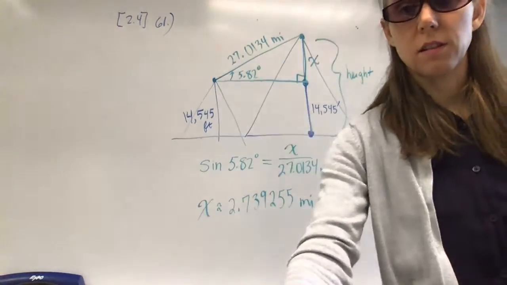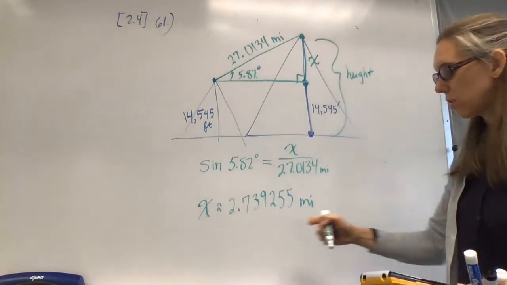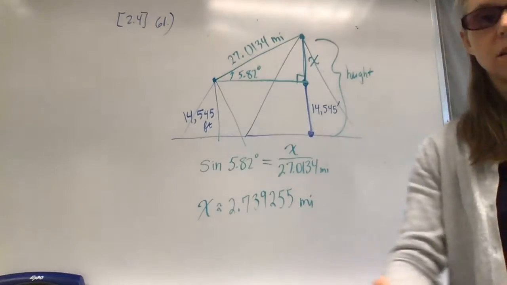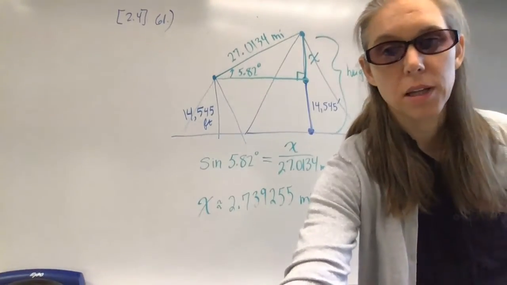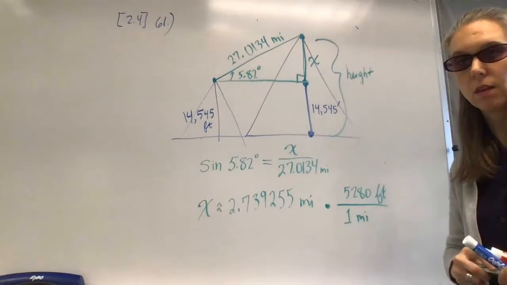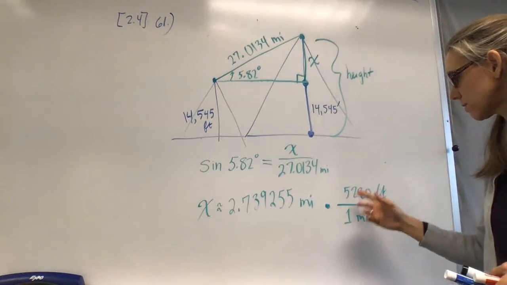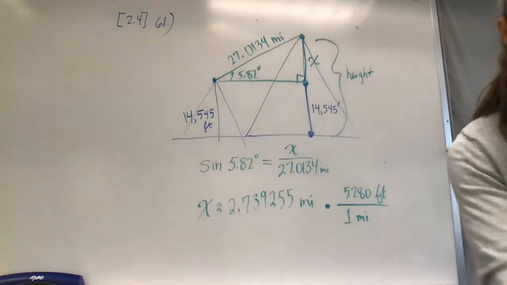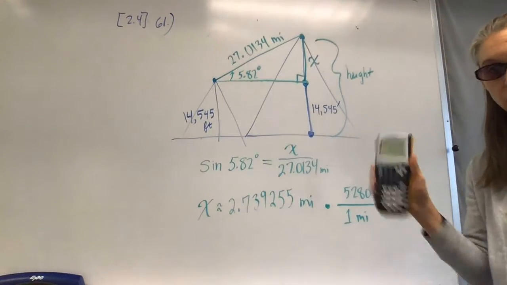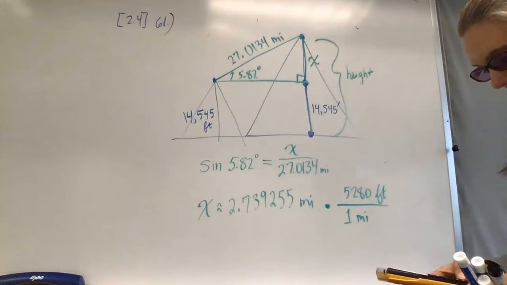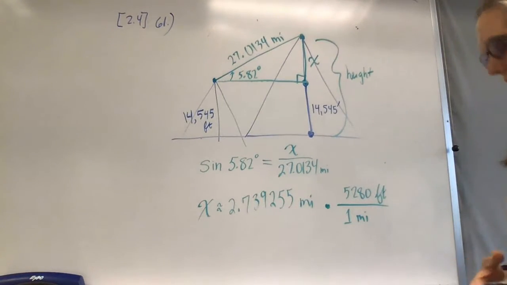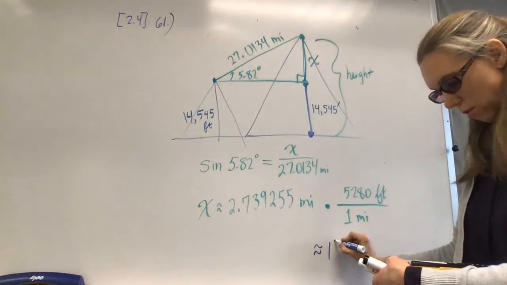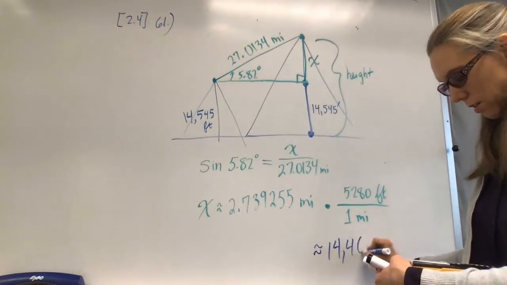Okay, that's still quite a height. We do not want to add this number onto this number because this is in miles and this is in feet. All right, so how many feet are in a mile? And the answer to that question is there are 5,280 feet in 1 mile. So we're going to do a unit conversion here. So I'm going to take this number that's in the calculator and just multiply it by 5,280. And that is going to be approximately 14,463.